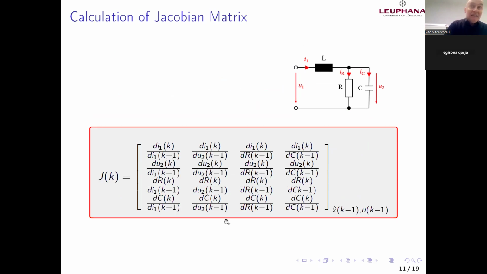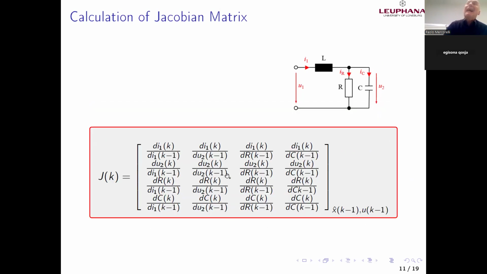We need the Jacobian matrix. It's exactly what we did in the case of the linear motor, because basically we needed the Jacobian calculation. The Jacobian, I repeat it here, is the matrix of the partial derivatives of all states, including the augmented ones.